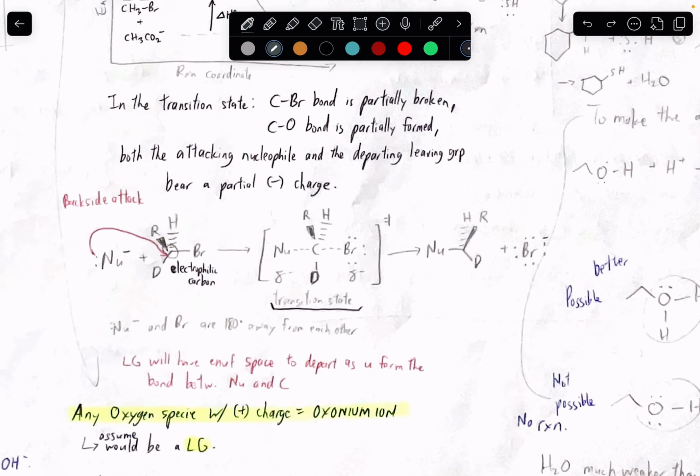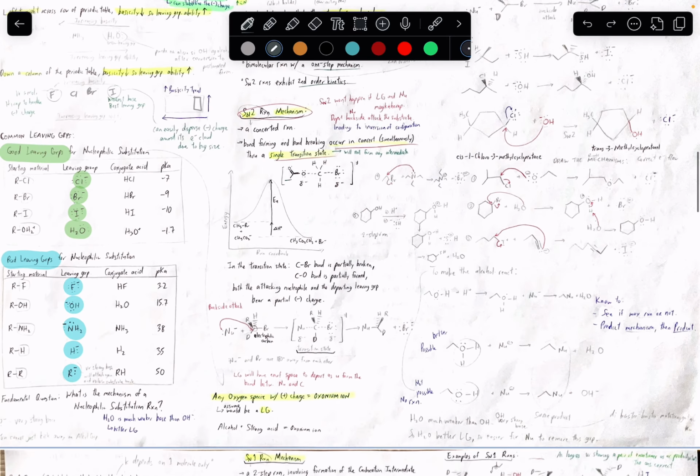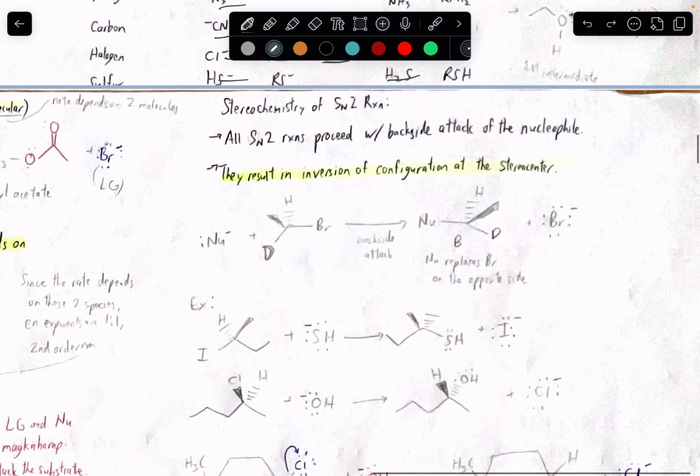So how to draw inversion of configuration? Okay, so let's see this example.